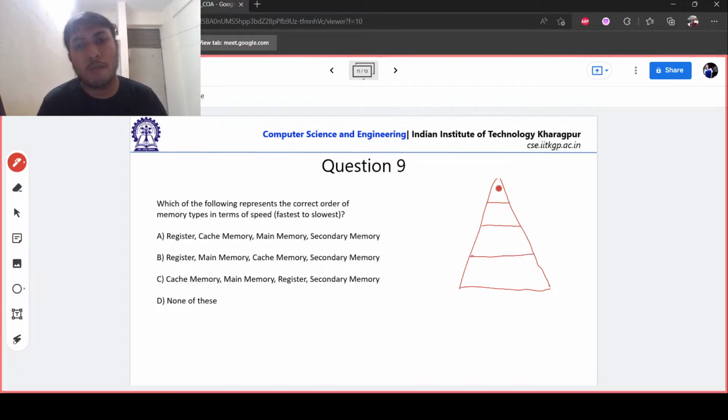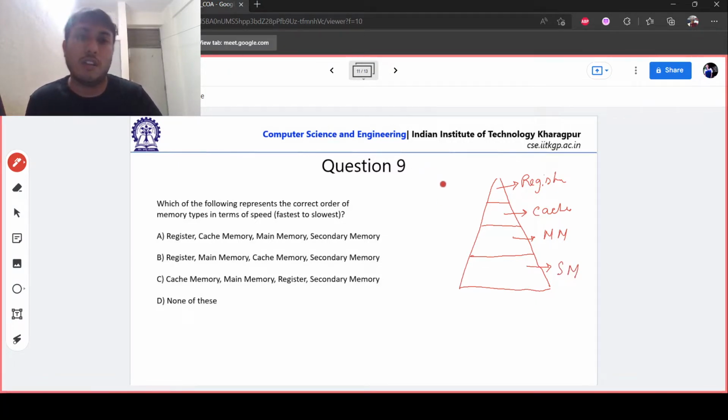So at the top of the pyramid is registers, then there is cache, then there is main memory, then there is secondary memory.